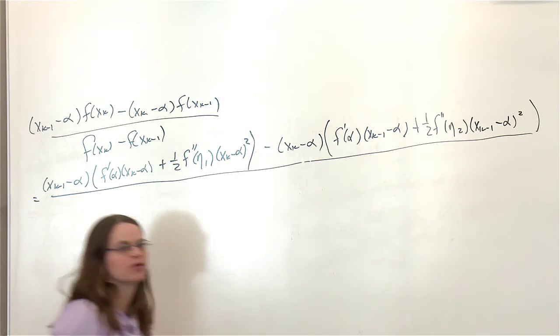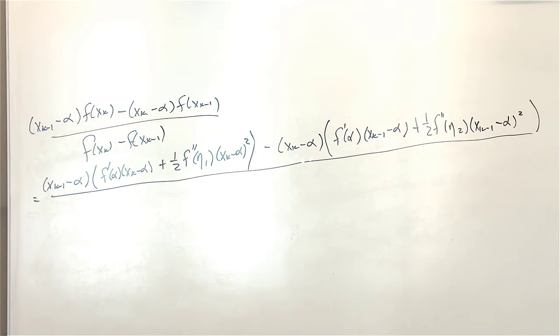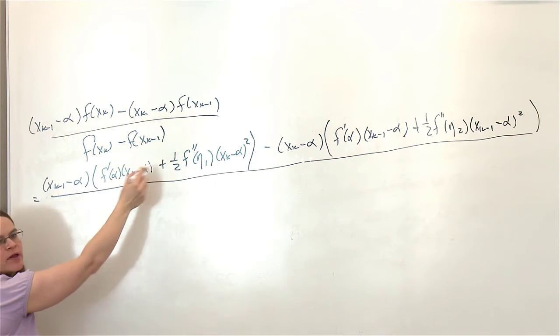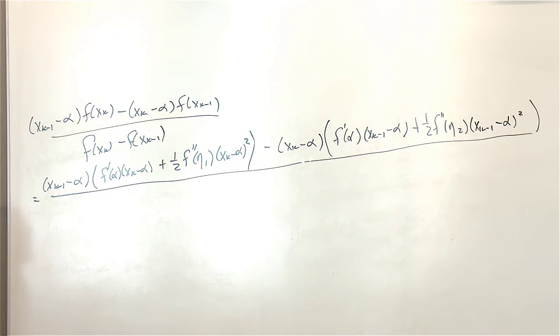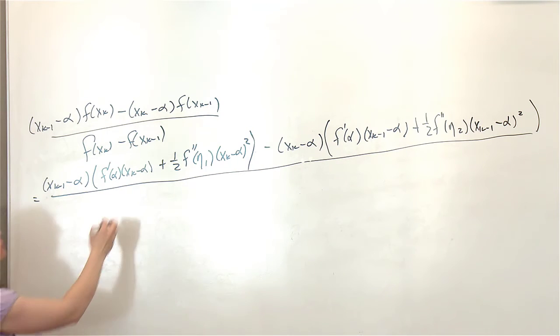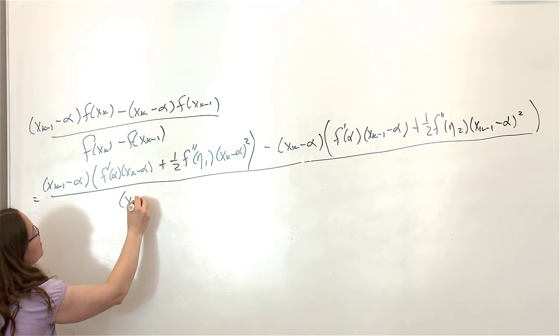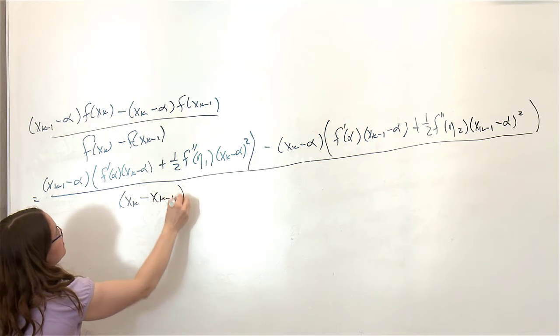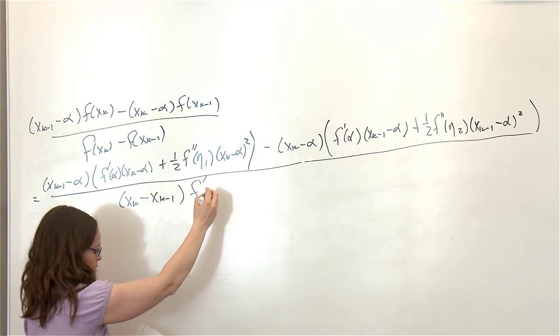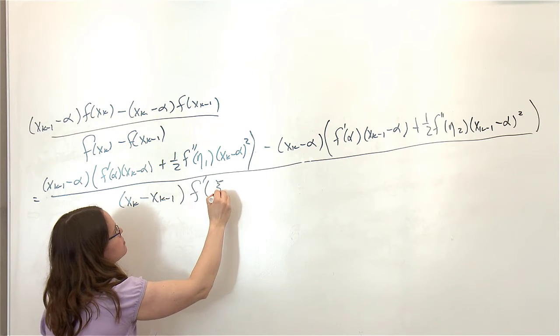There's some common terms that we'll factor out at least. Okay, and then in the denominator, I could do the same kind of thing. I can Taylor expand these or just recognize that I've got a bit of a mean value theorem going on here already. Right, so this is the same as xk minus 1 times f prime evaluated somewhere.